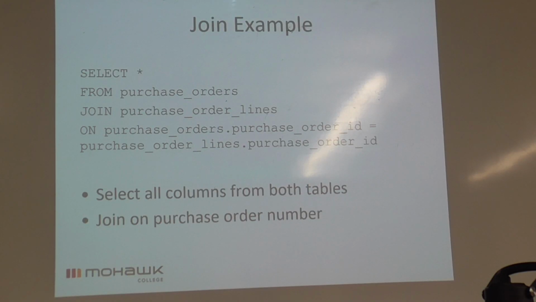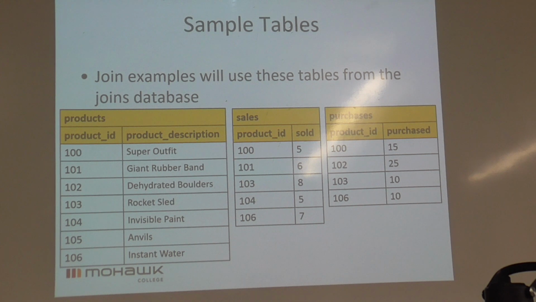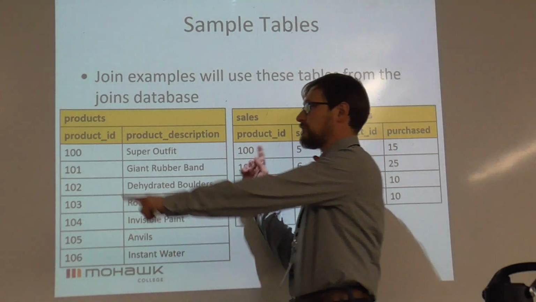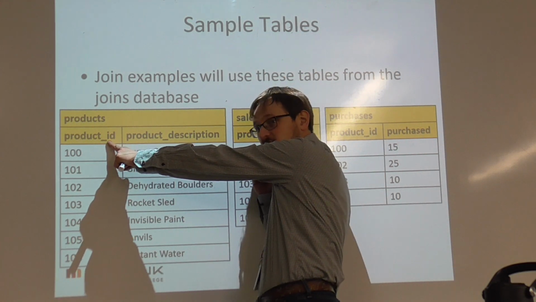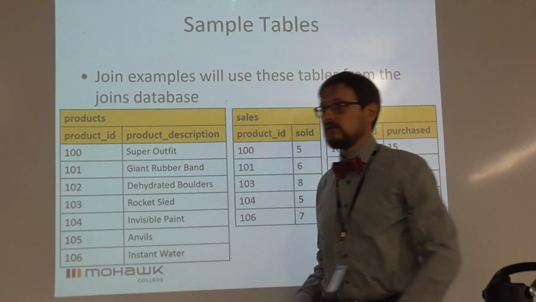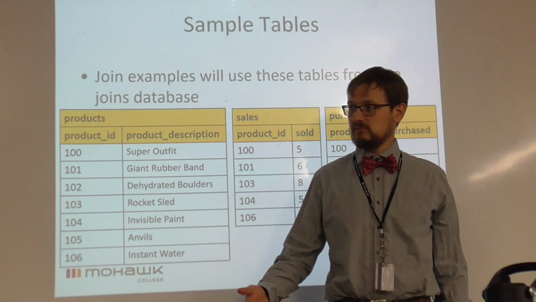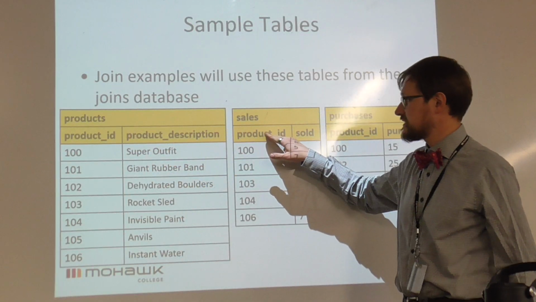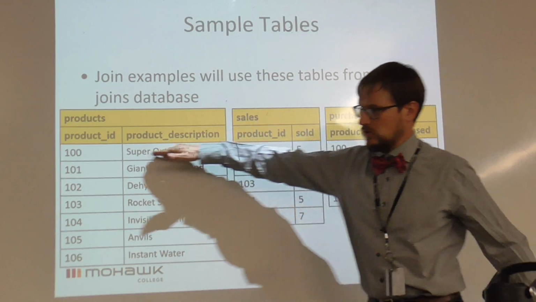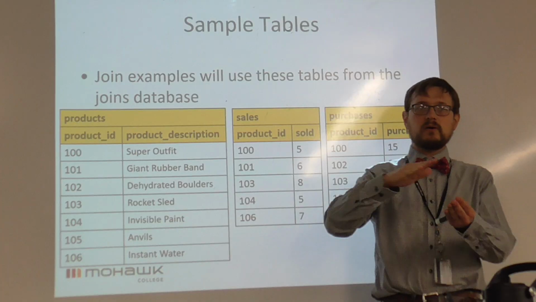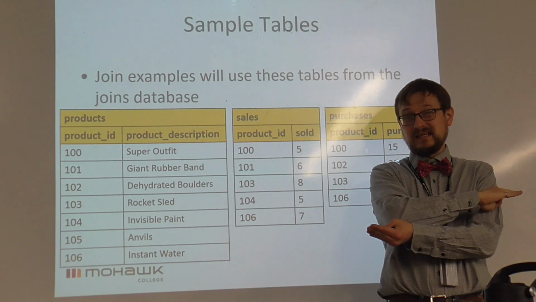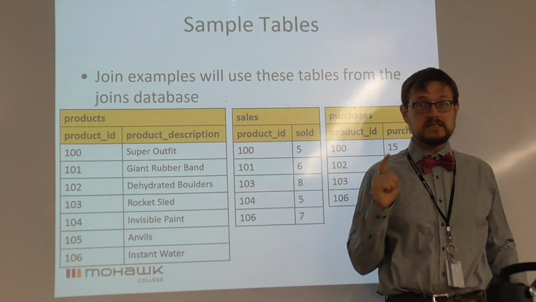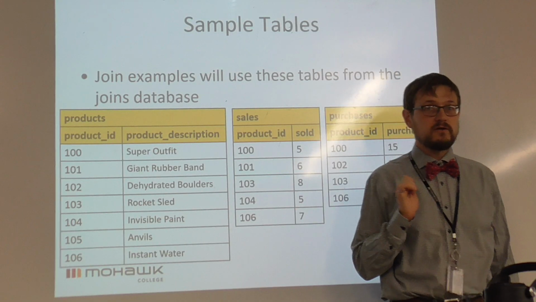So going back to these tables, that line expresses when the product IDs match, that's a cross-reference, right? When product ID is the same in both cases, that's where the rows line up. And that's where we consider that to be really one record. Does that make sense? Okay, cool.